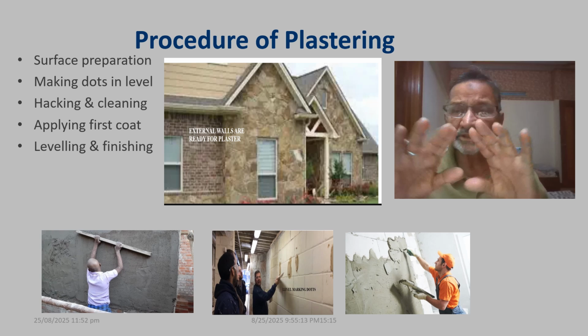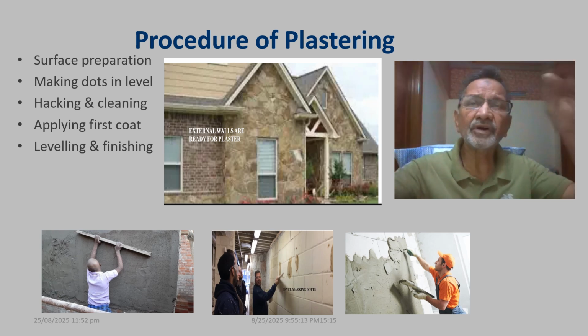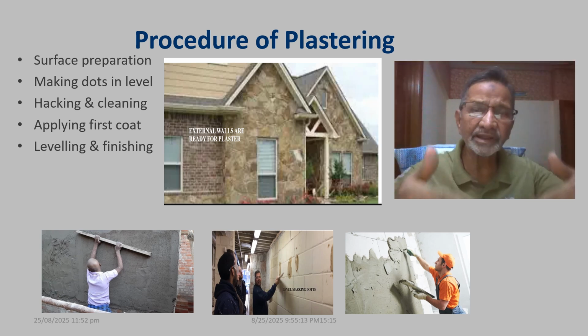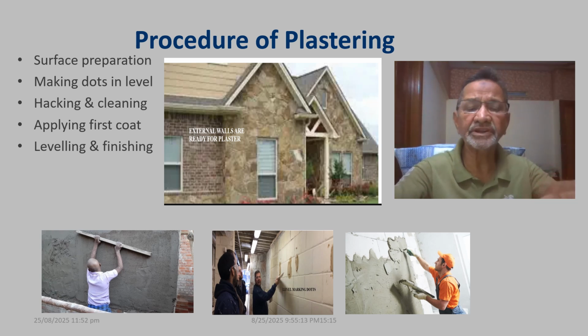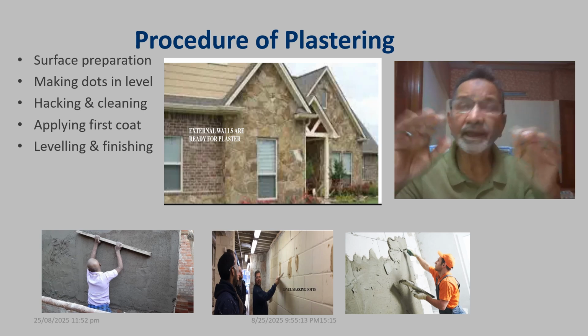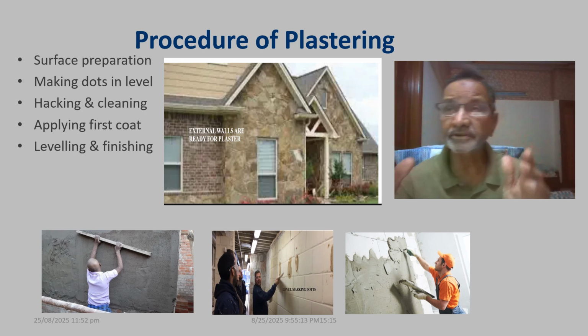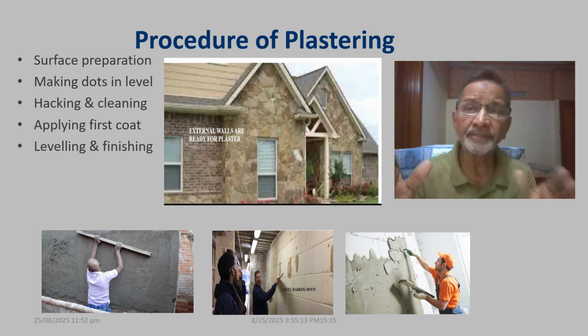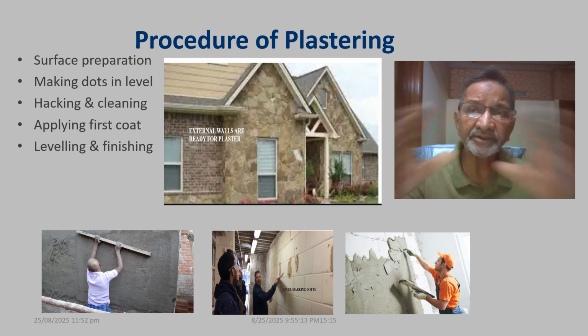Then you have to make the dots. I mean, on all the walls, to keep them at one level, you have to make the dots, which is shown in this picture also. Then you have to do the hacking of the RCC structures, so that you can get better grip.